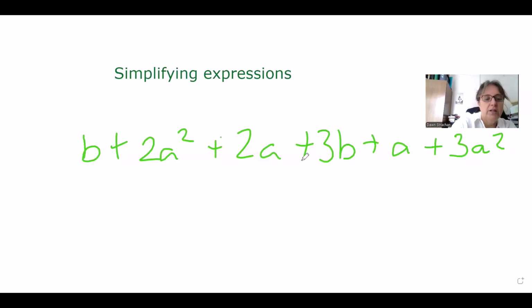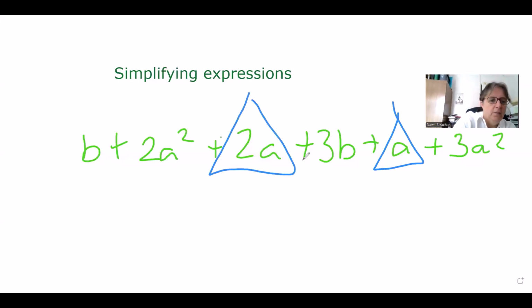If you don't have other colours to hand, what you can do is just put shapes around them. So I might put an A in a triangle, again put an A in a triangle, put my A squareds in a square, and I'll put my B's in a circle.